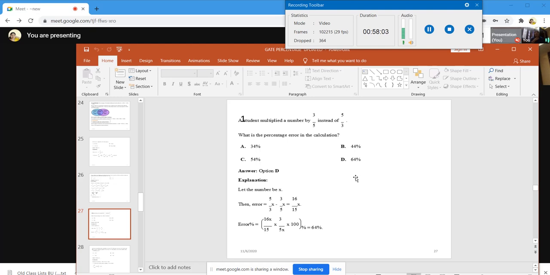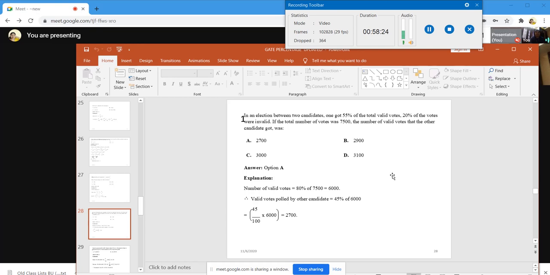So we can find out the percentage of error. Error percentage is equal to the total amount of error, 16 by 15 of x, divided by the number multiplied with 3 by 5, so 3 by 5 of x, into 100. So the answer is 64%. That is the error percentage calculation method.